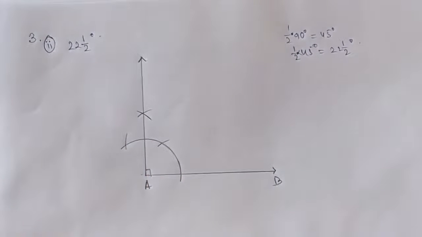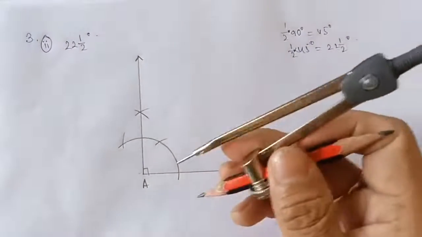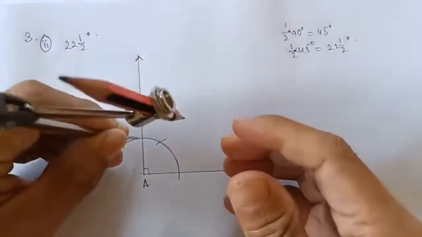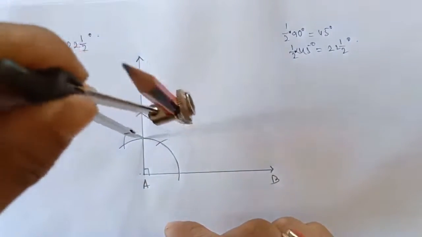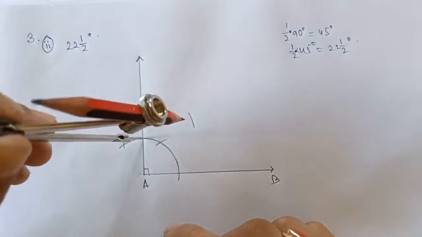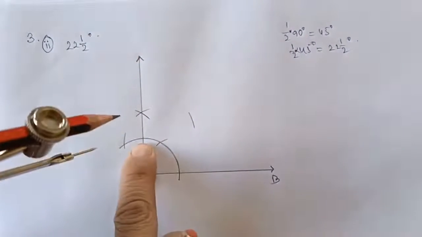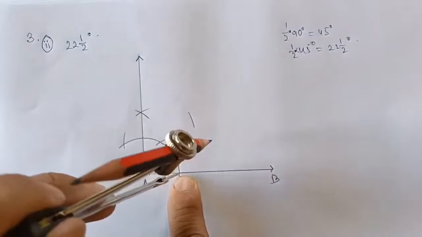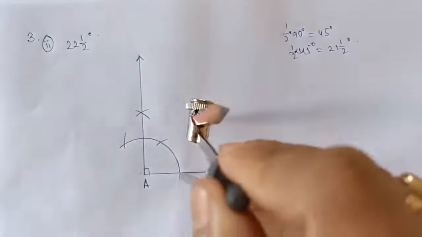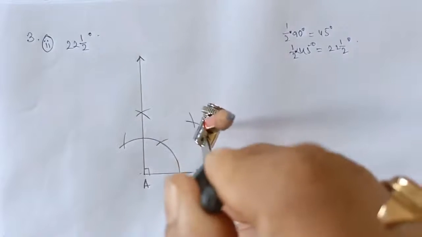To draw the angle bisector of the 90 degrees, let us draw the angle bisector of this angle. With this point as the center, where we have drawn an arc, and again with this point as the center, we draw an arc cutting the previous arc.